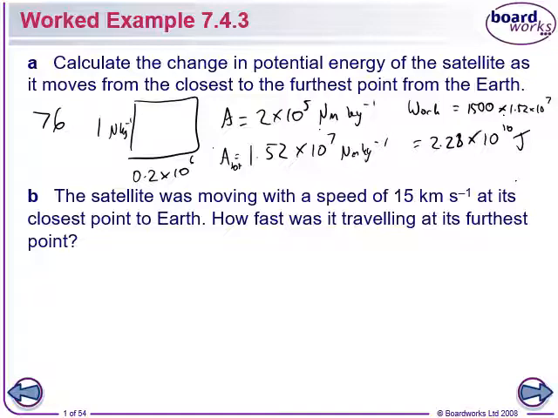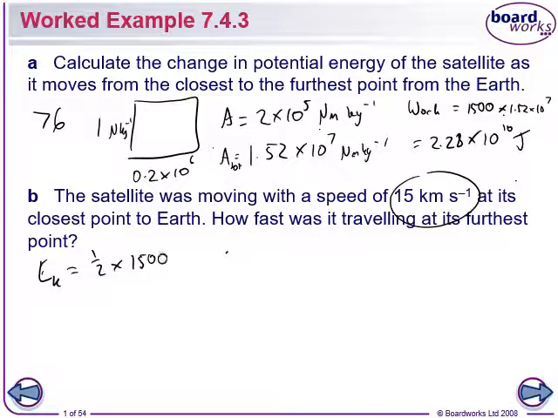So the first thing we need to do is work out, well, I guess the kinetic energy at this 15 kilometers per second, and then we can subtract this change. All right, so our kinetic energy traveling at 15 kilometers per second is 1/2 times mv squared.